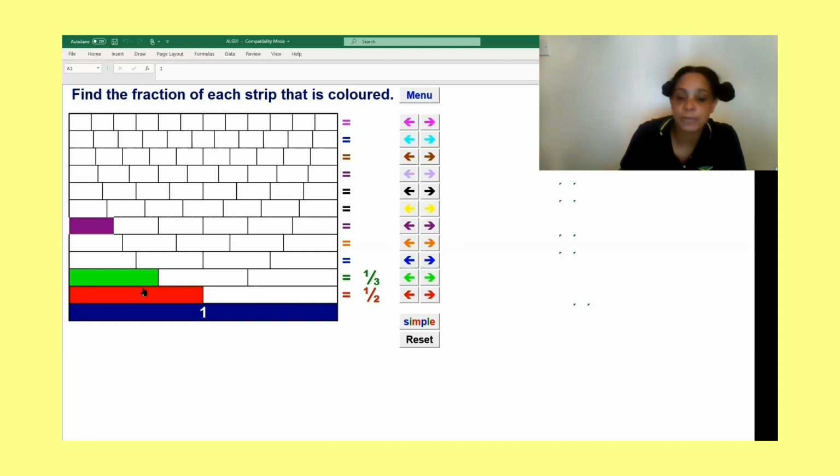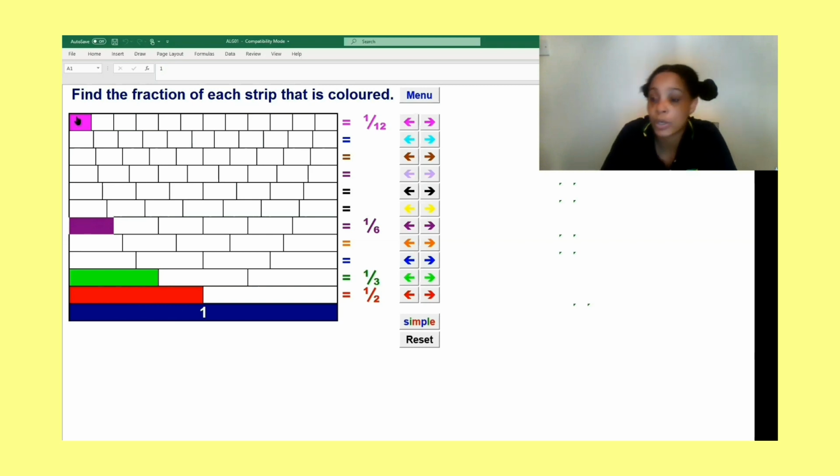So I've cut that into 6 pieces, and 1 piece of that is called 1/6. Then the next one, I've cut it into 12 pieces. So if I've cut it into 12 pieces, 1 piece of that is called 1/12. Now let's notice here. If you notice, the biggest one was a half, then the other one was 1/3, then the next one in line was 1/6, and the next one in line was 1/12. So in a unit fraction, the smaller the denominator, the bigger the fraction. The smaller the denominator, the bigger the fraction.